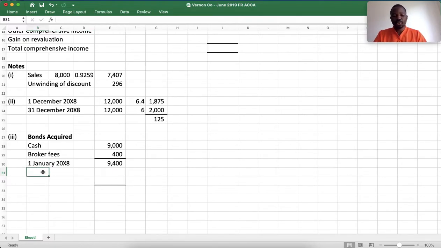Now we need to increase the value by the investment income. We'll use the effective rate of 8%, so we'll say 8% multiplied by 9.4, we get 752.